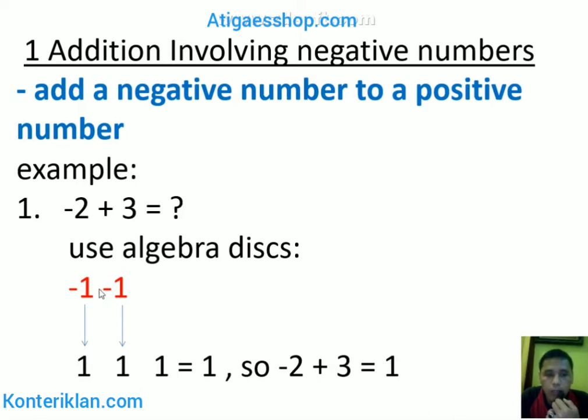Then we cross out the red ones with the black ones. Negative 1 here crosses out with 1, another negative 1 here crosses out with 1. So the rest is 1. So negative 2 plus 3 equals 1.